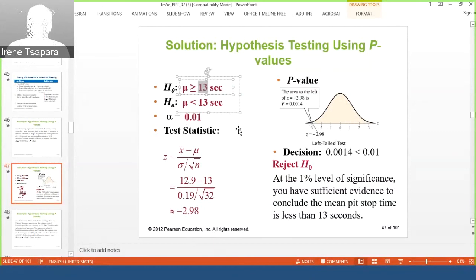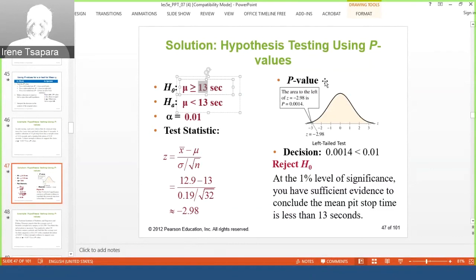If this number is greater than the rejection region, that is what? Alpha. This is what the blue region is, the alpha. So if the p-value is greater than the alpha, then we are going to not reject, because the negative 2.98 will be on the pink side of my x-axis.